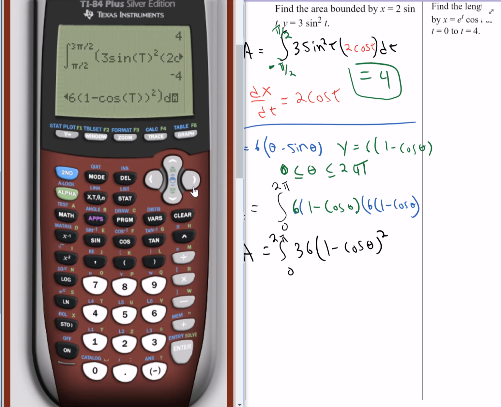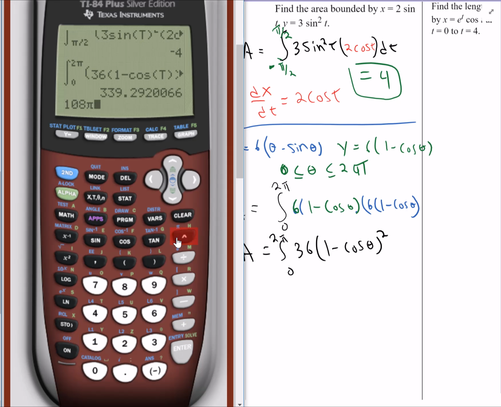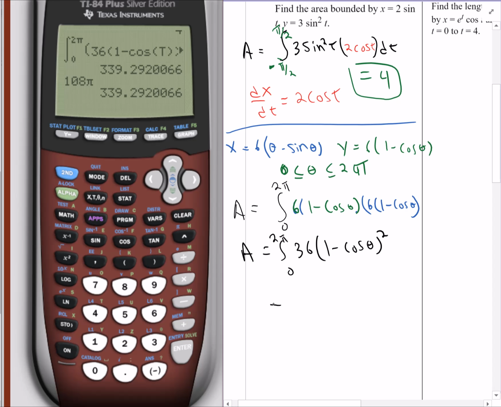If anything, we could change it to something else, and we're going to get 339, which the answer is 108 pi. So let's just check if these are the same. Yeah, so if you did it out by hand, you'd get 108 pi. Right, that's the area of that one.